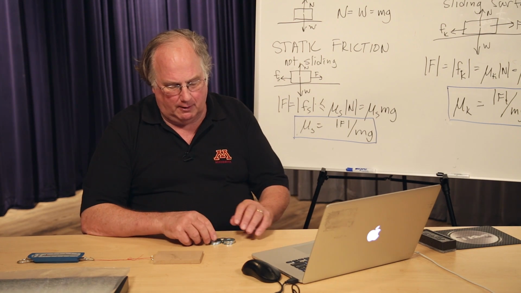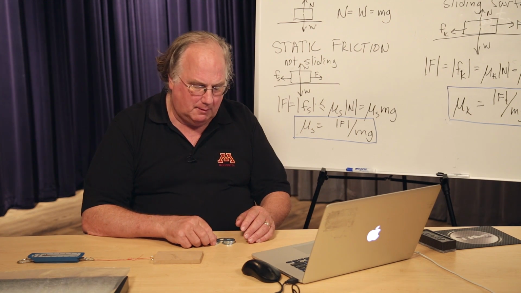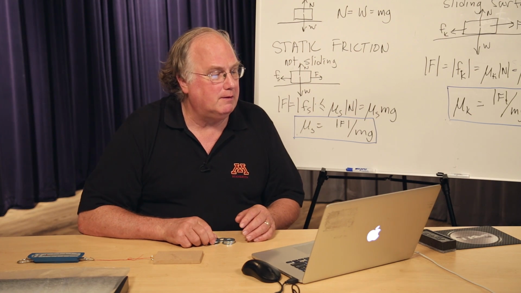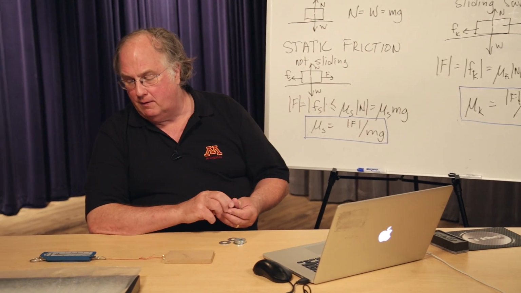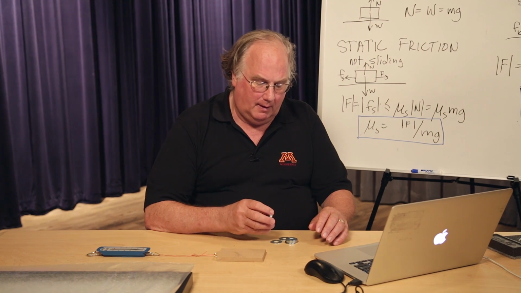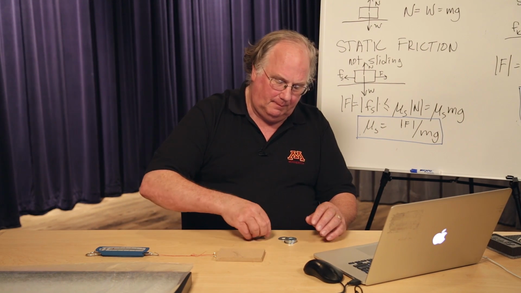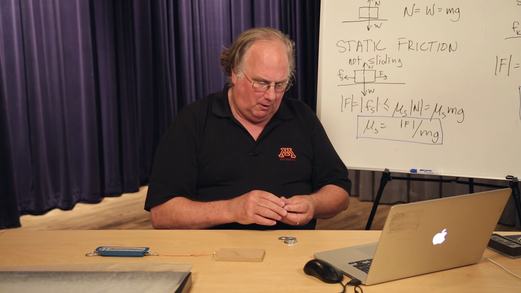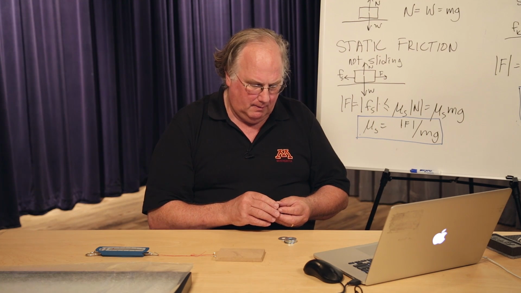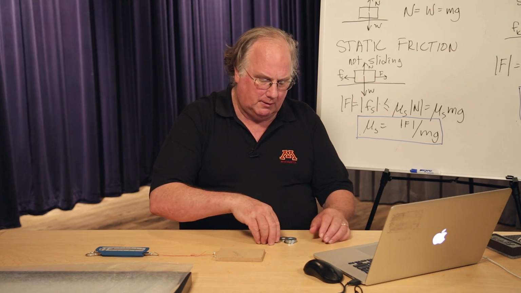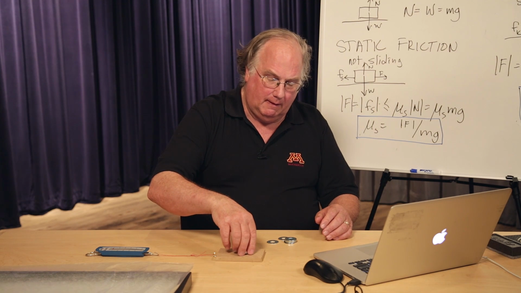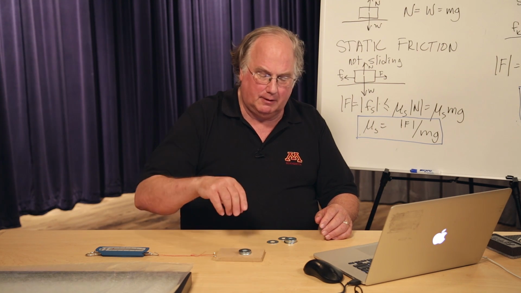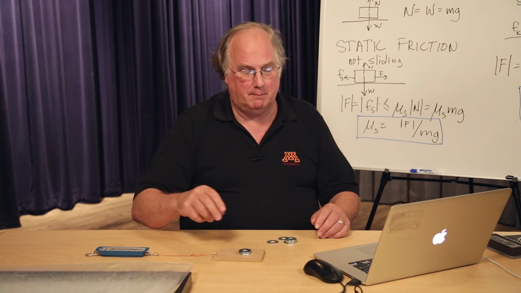Let's try another one and put some more mass on here. The original one had a mass of 0.09 kilograms. I'm going to put on 3 washers. 3 washers at 14 grams apiece will give me 42 grams. And we'll see what happens with that.